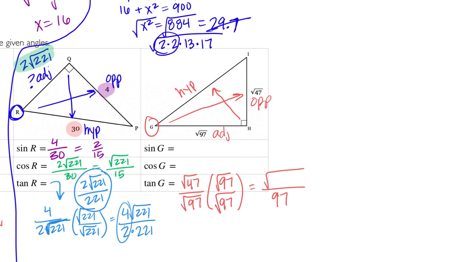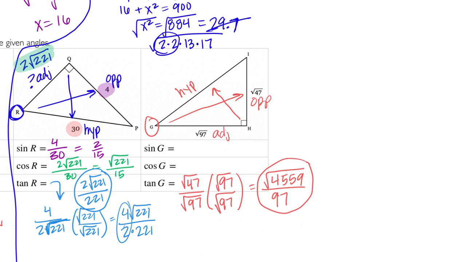So 47 times 97 is 4559. And I know this isn't a pretty number, but it is still a number. You know, don't discriminate against ugly numbers. We care about them. Okay, so tangent would be opposite over adjacent. That's root 47 over root 97.